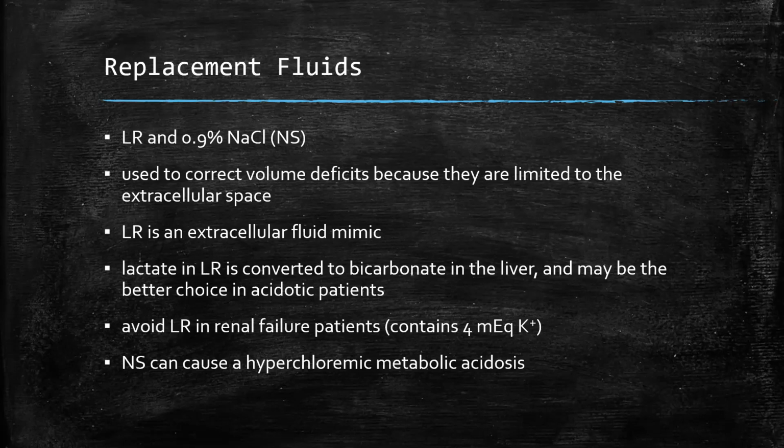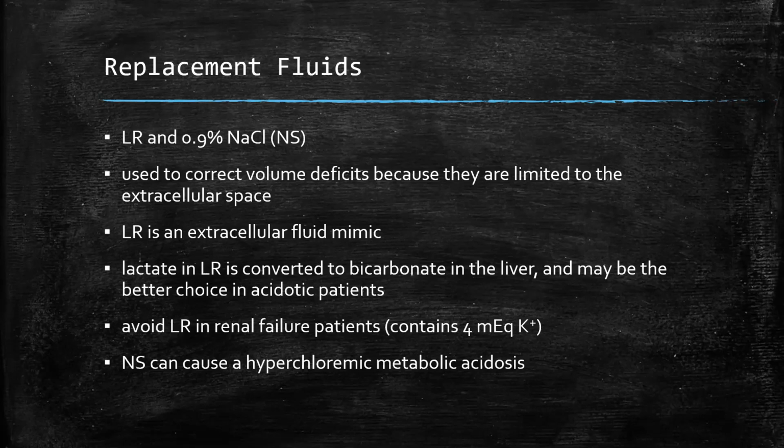Now, there's a few theoretical advantages to using one over the other. Since lactated ringers has bicarb, some suggest it may be a better choice in acidotic patients. So that might be one use case where you think, well, maybe LR is a better choice than normal saline. By the same token, LR contains a small amount of potassium, and it is a small amount. But if you had a renal failure patient or a patient with rhabdomyolysis, maybe you'd want to avoid any and all potassium.